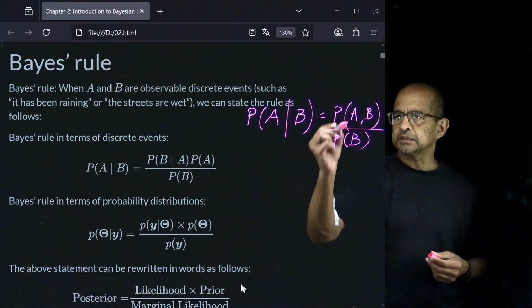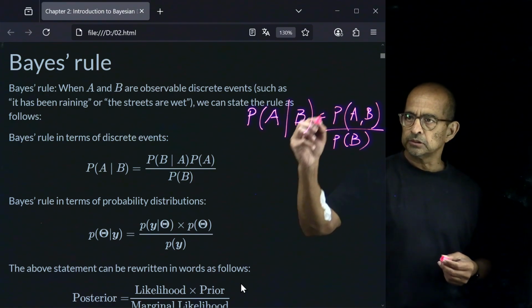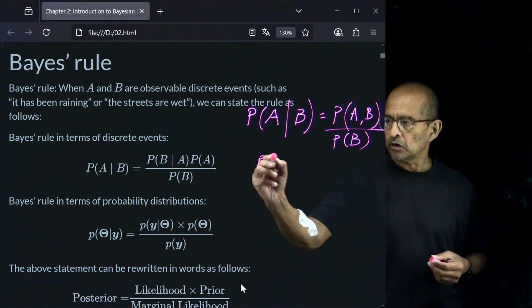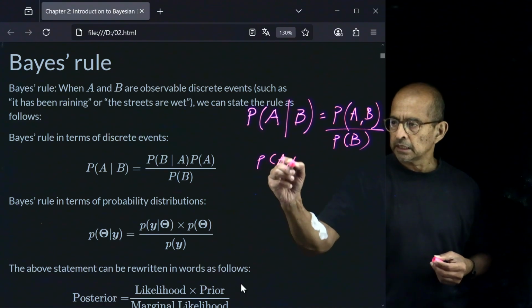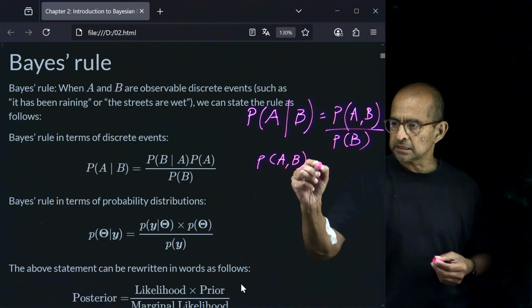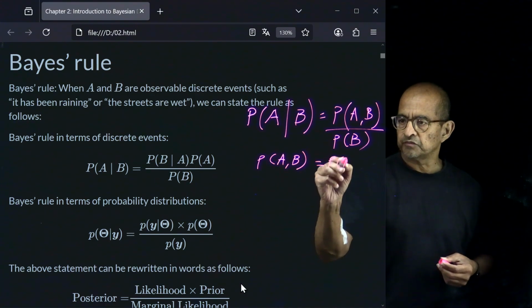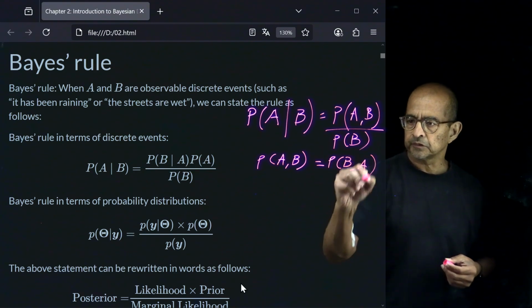And so one interesting thing to notice in this rule is that the probability of A and B happening is the same as the probability of B and A happening, right?